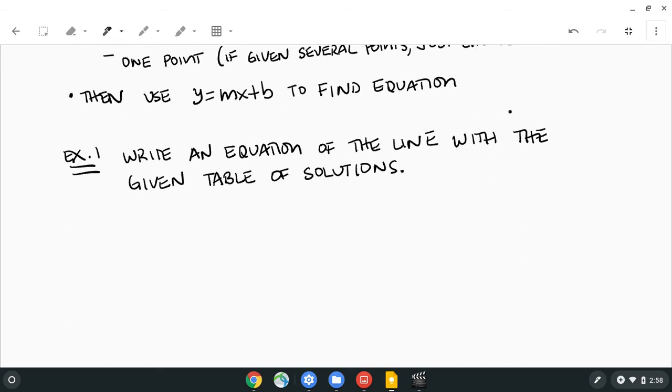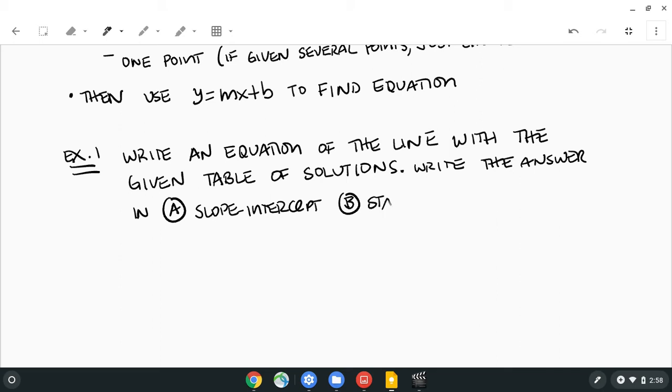Write an equation of the line with a given table of solutions and write the answer in A, slope-intercept form, and then standard form.